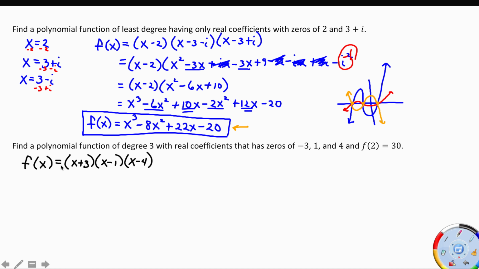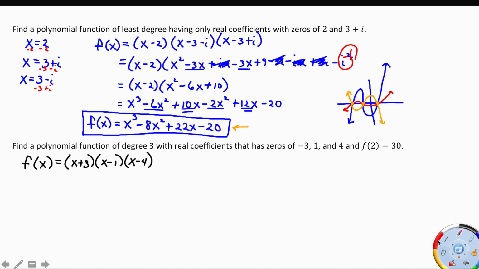Now, here's my function. I haven't multiplied it out yet. But before I do that, and I can do it before or after, I may want to figure out what particular point this is. It will continue to have these factors. The only difference is, will I have a coefficient in front that I have to multiply that's going to either flip the graph upside down or stretch it or shrink it?